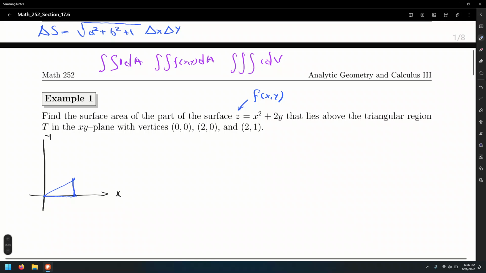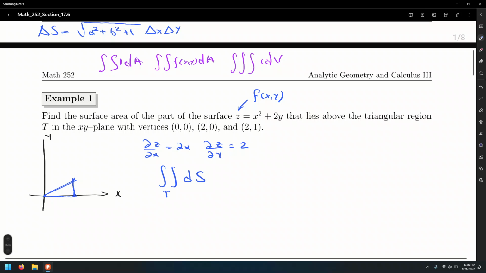Let me take the partials first. The partial of z with respect to x equals 2x, and the partial with respect to y equals 2, okay? So if we set up the surface area integral over the region T, dS, be careful because this time this S is uppercase, lowercase is for line integrals, all right?